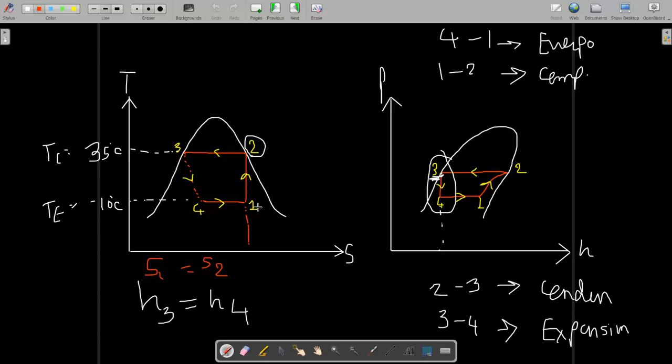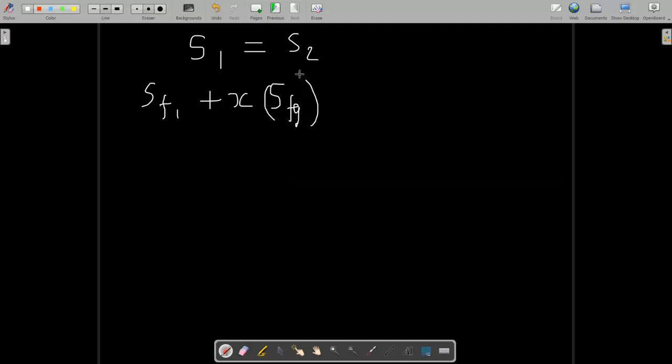It is given as assuming isentropic compression. So write down that the entropy of point 1 is the same as the entropy of point 2. The entropy of point 1 is the entropy of liquid at minus 10 degrees Celsius, plus dryness fraction times the entropy of evaporation, SFG, which you can write as SG minus SF, that is, entropy at saturated vapor minus entropy at saturated liquid.